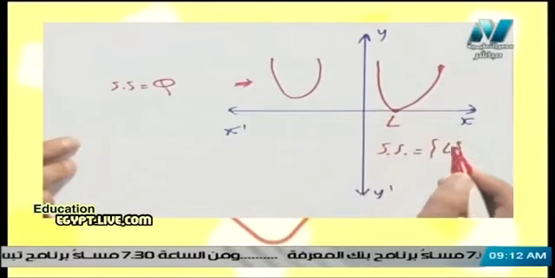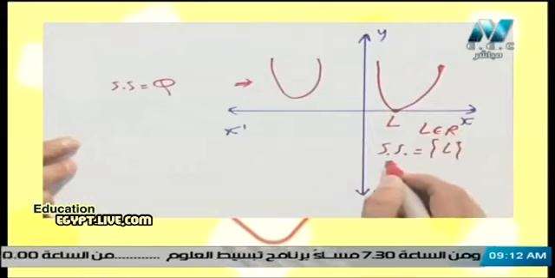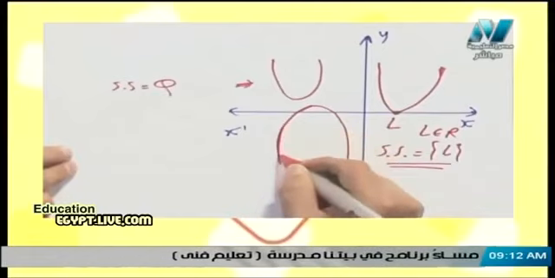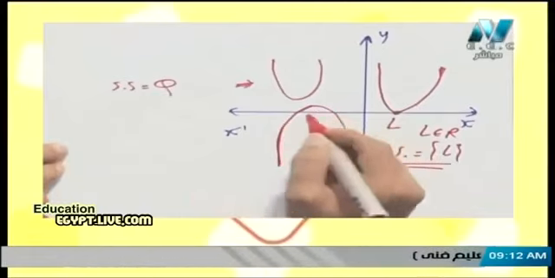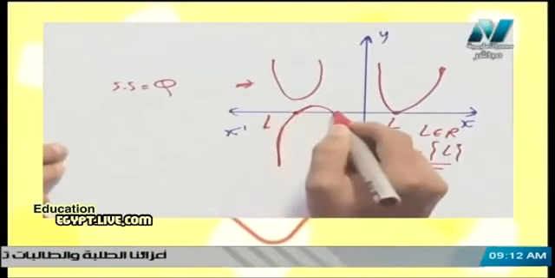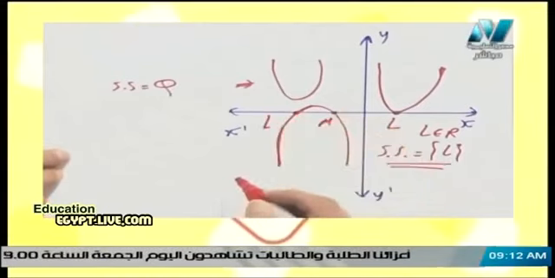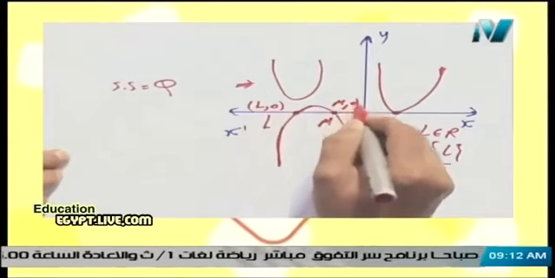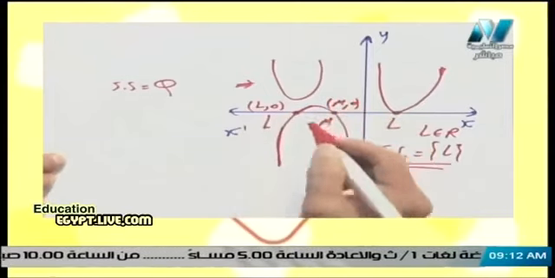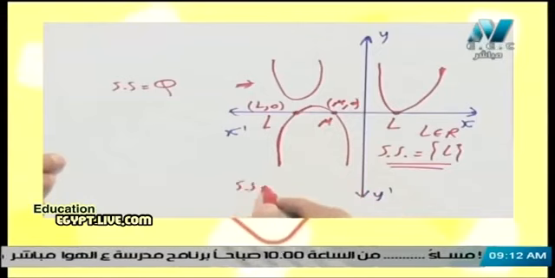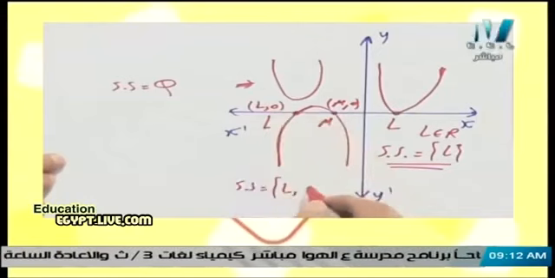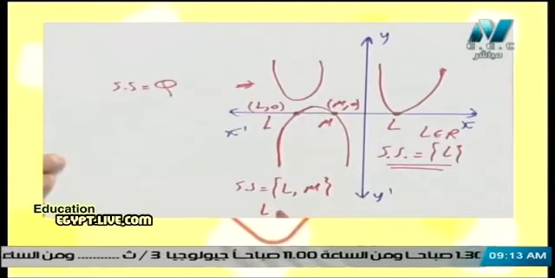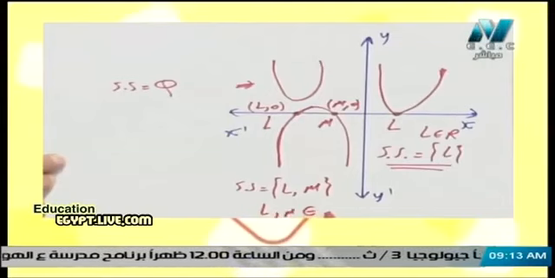Say this number is L and L belongs to R, so the solution set equals L. Or sometimes the graph takes this figure, say this point is L and this point is M, and we can say this point is (L, 0) and this point is (M, 0), because y here is 0, and the solution set here will be L and M, and we know L and M belong to R.